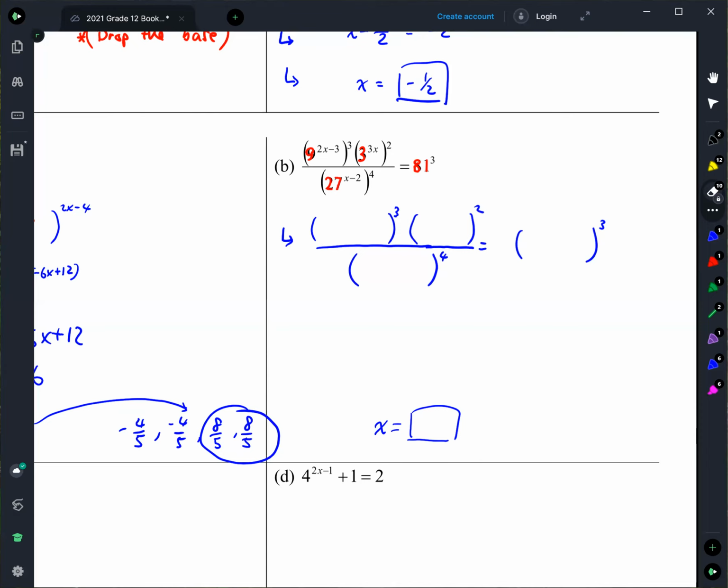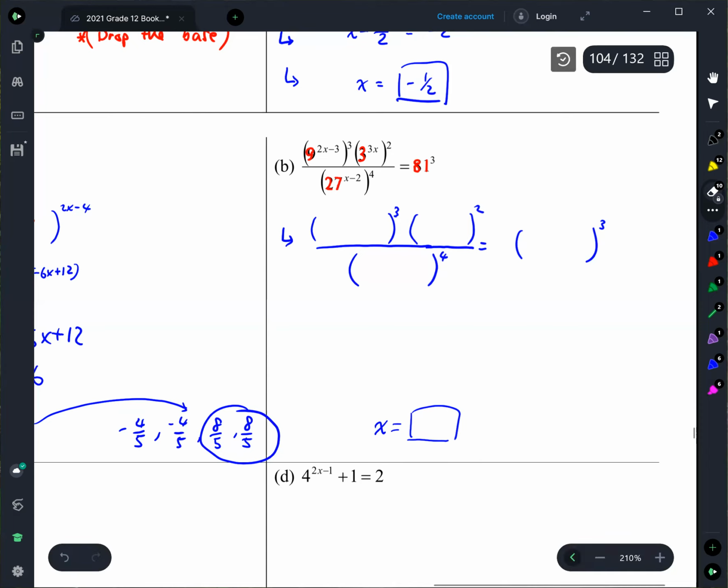Okay, so each of the red numbers, you need to turn into base of 3. So 9 will be 3 squared. 3 is just 3. 27 is 3 cubed.